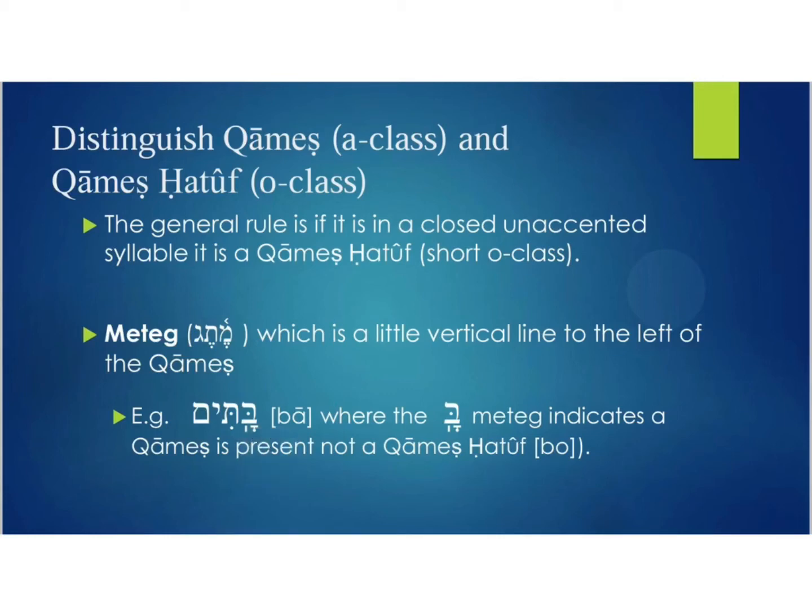So when you find a metek next to qamets, it is always an A class vowel. So metek indicates that a qamets is present, not a qamets hatuf. Whenever you find an open syllable which is unaccented, it will always be an A class vowel.